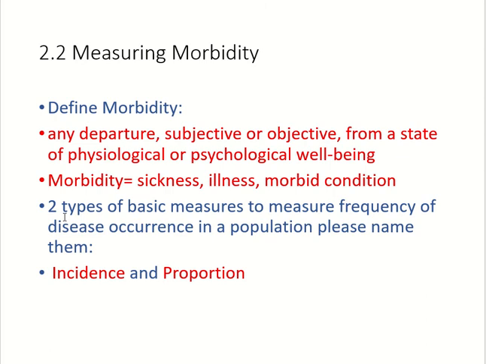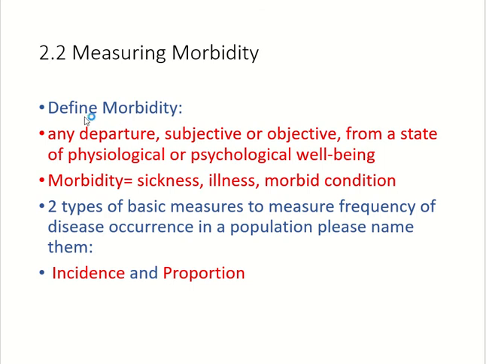So that brings us to the second part of 2.2, which is measuring morbidity. As a definition of morbidity, you may remember the definition of disease from the WHO. It's a departure from a state of well-being, mental, physical, and social well-being.